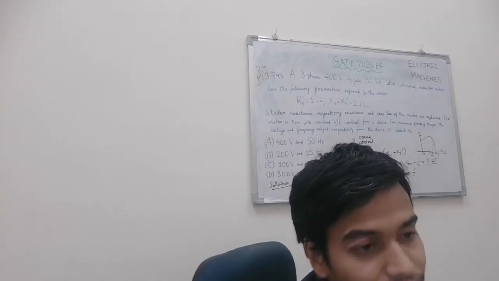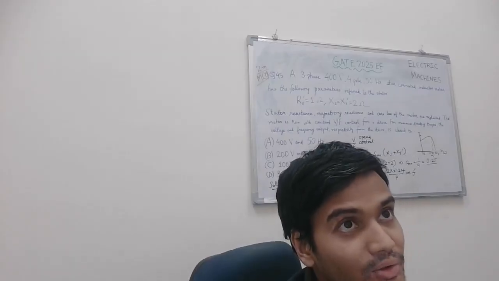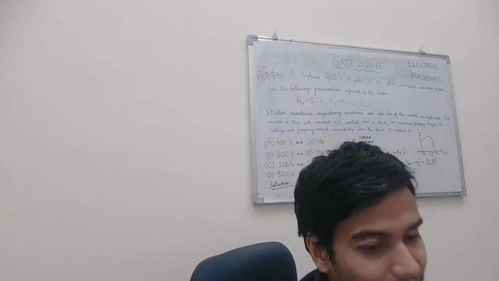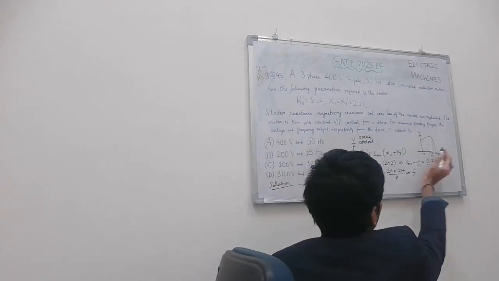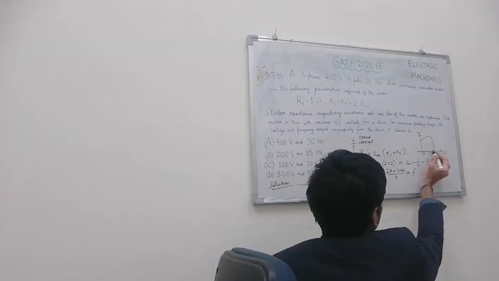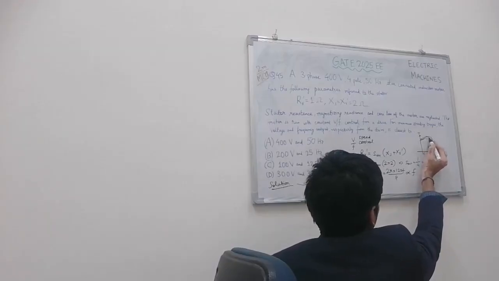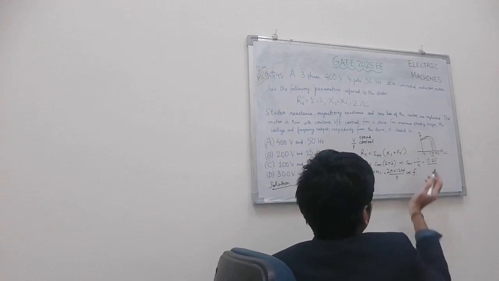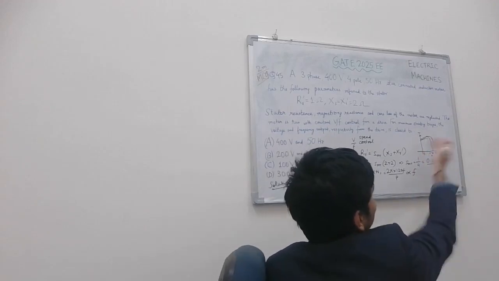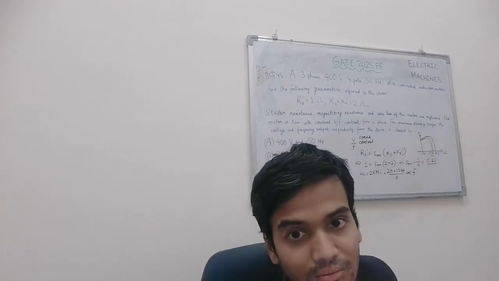To do this, we increase the supply frequency and thereby decrease the synchronous speed. The curve shifts parallel to the original curve.